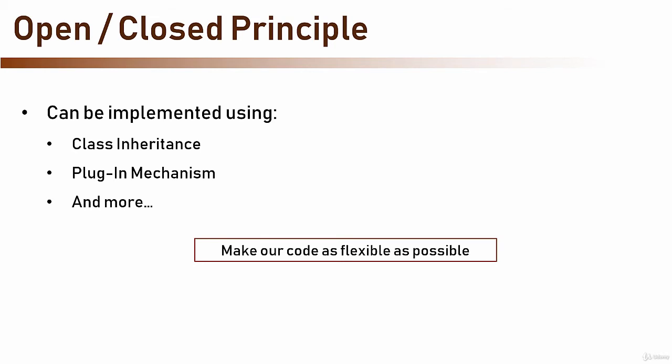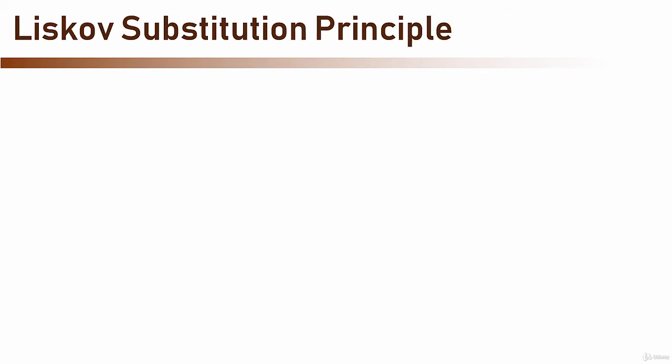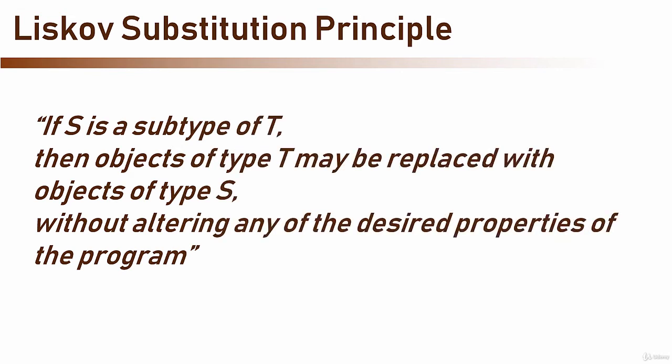The next principle is the Liskov Substitution Principle. This principle might sound a bit more complex than the other principles, but don't worry, we will explain it. The principle states that if S is a subtype of T, then objects of type T may be replaced with objects of type S without altering any of the desired properties of the program.